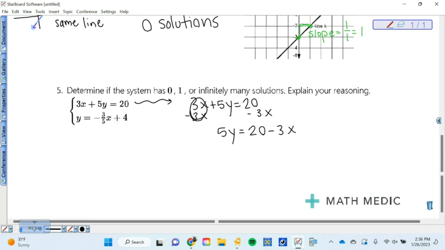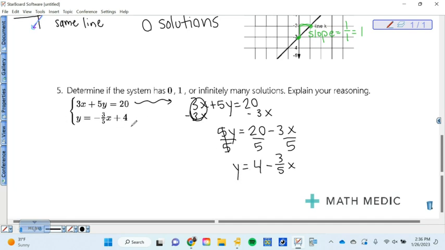And now what's my next step? Divide by 5. And I divide everything by 5. What happens to my 5s? So y equals 20 divided by 5 minus 3/5 x. Okay. So now I have this in slope-intercept form and this one in slope-intercept form.